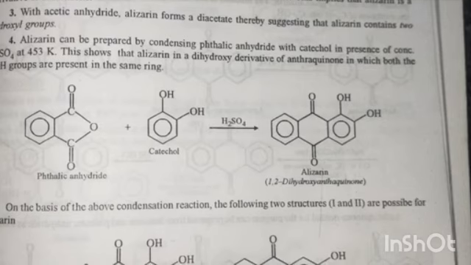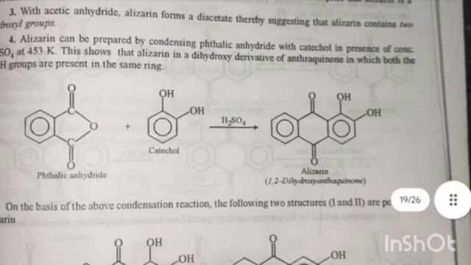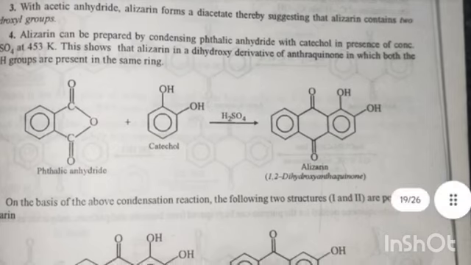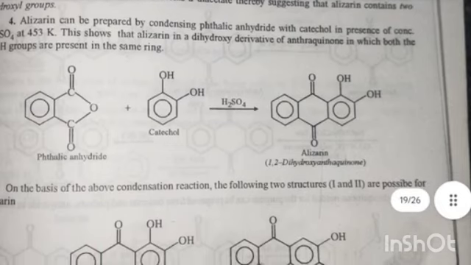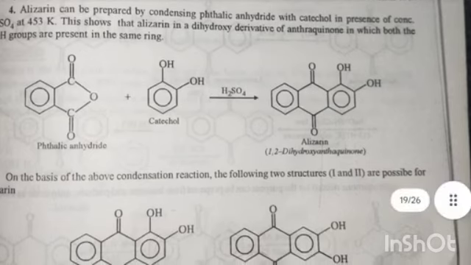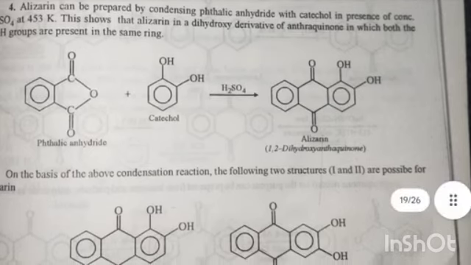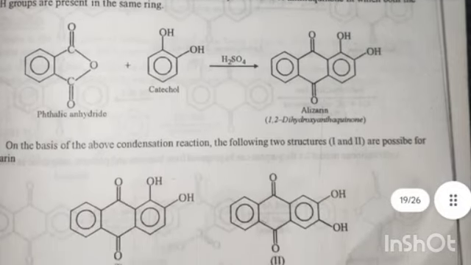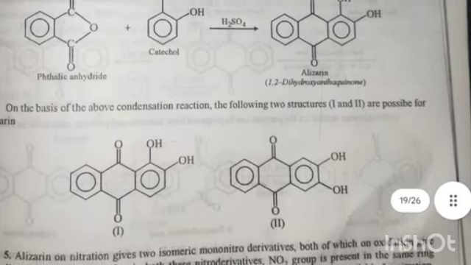Alizarin can be prepared by condensing phthalic anhydride with catechol in the presence of concentrated H2SO4 at 453 Kelvin temperature. This shows that alizarin is a dihydroxy derivative of anthraquinone in which both the OH groups are present in the same ring. When phthalic anhydride reacts with catechol in the presence of H2SO4, then alizarin is formed as a product.